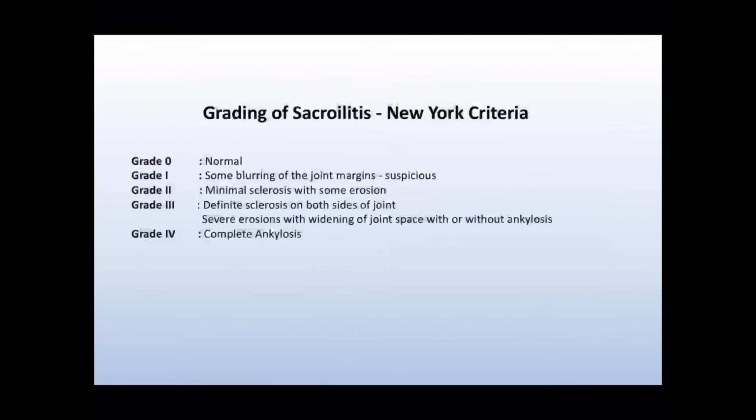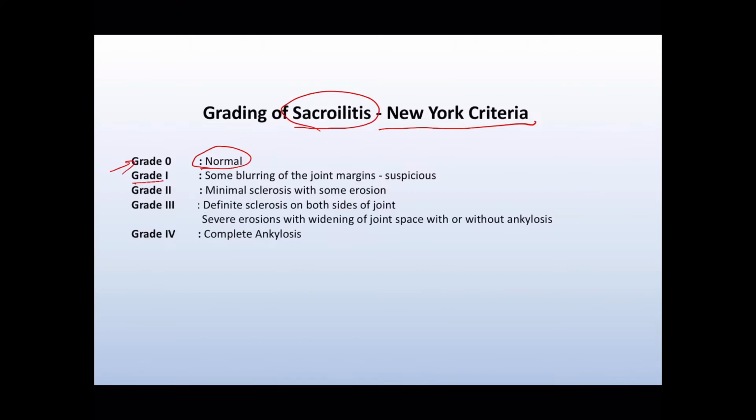This is called ankylosis, and this occurs in very advanced stages of ankylosing spondylitis. Now, we have discussed about 4 or 5 radiological features. These features can be used to make a grading of the ankylosing spondylitis. We can grade the sacroiliitis according to these features. This is called the New York criteria. Grade 0 means normal sacroiliac joints.